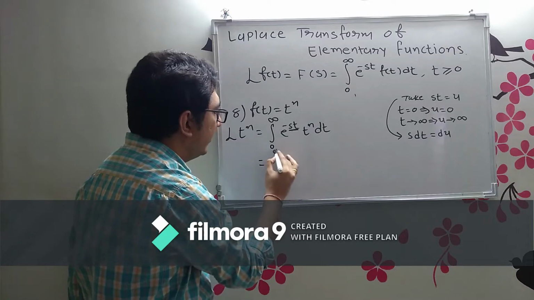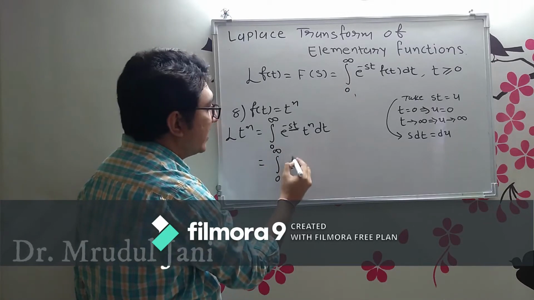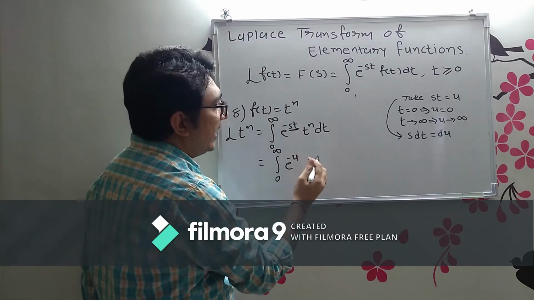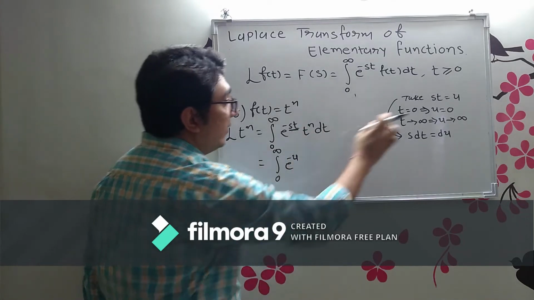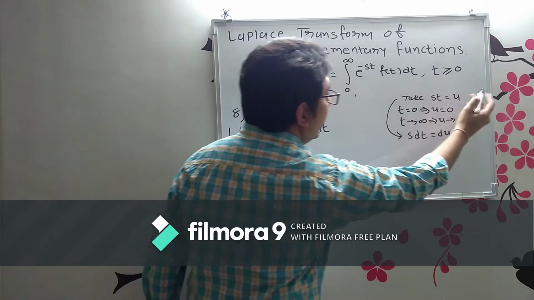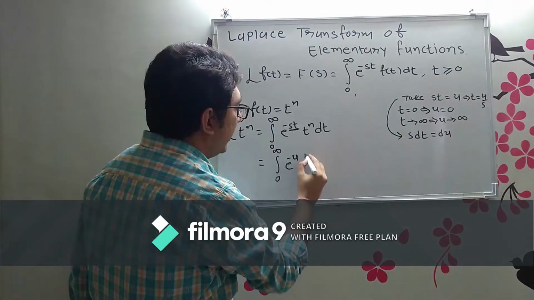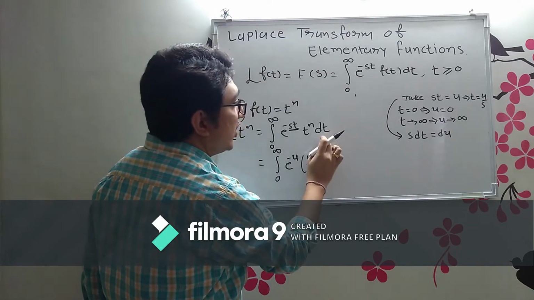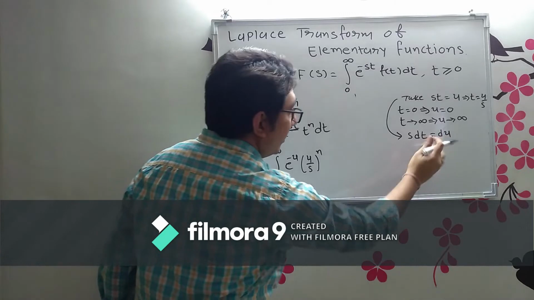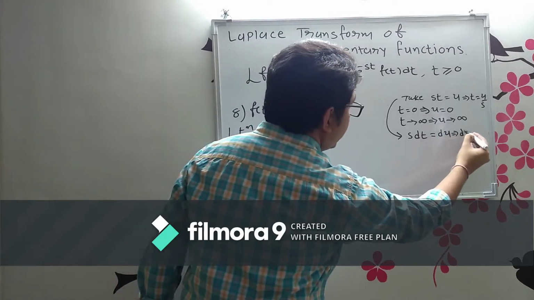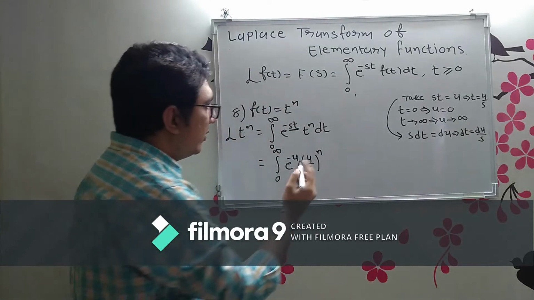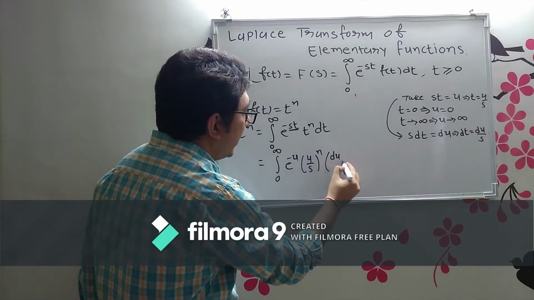The limit remains the same, e raised to minus st means e raised to minus u, and instead of t you can write t is equal to u by s, so u by s raised to n, and instead of dt you can write dt is equal to du by s.